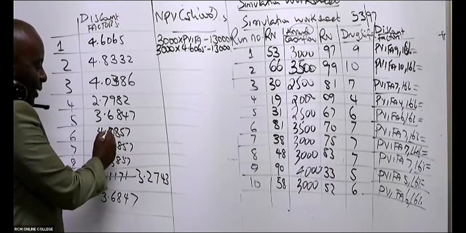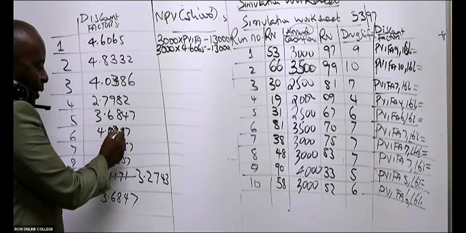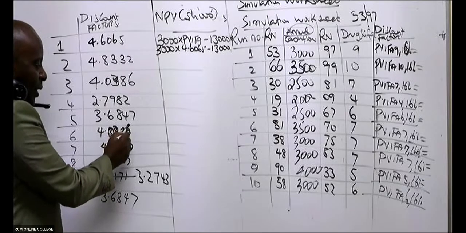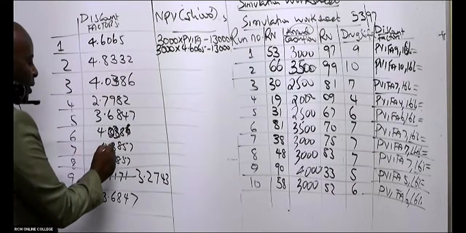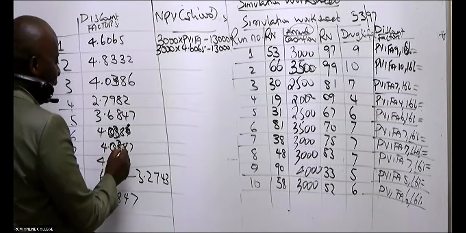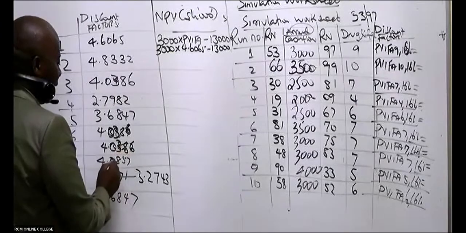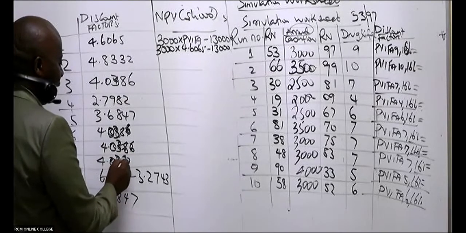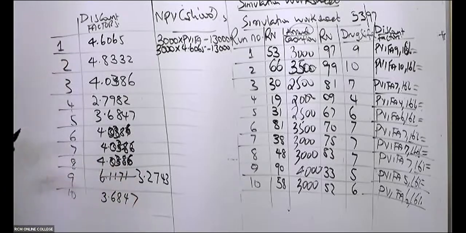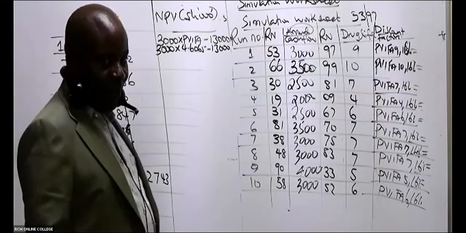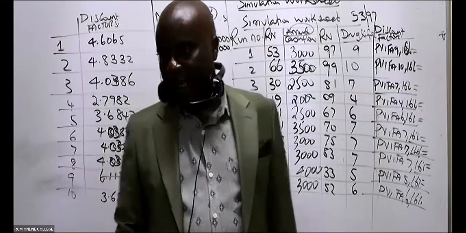Just check again. Yeah, 4.0386. Check again. That after 5, the number coming up is bigger than 5, so we round upwards, 6 years.